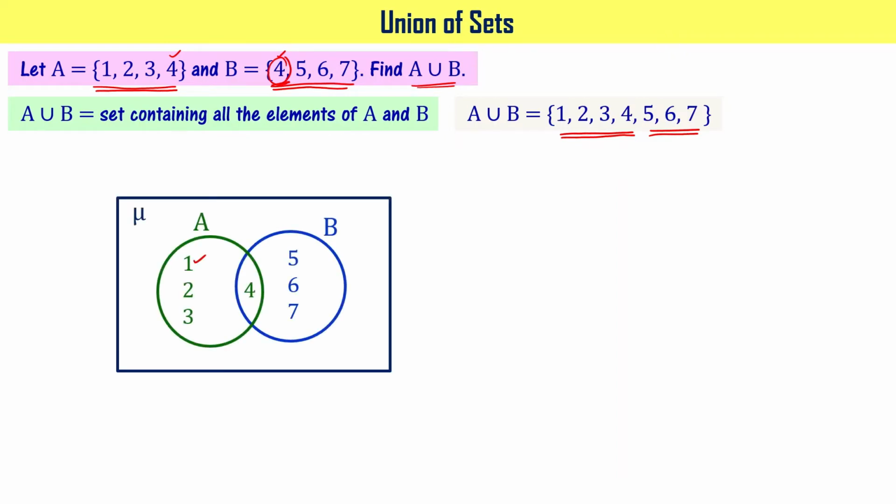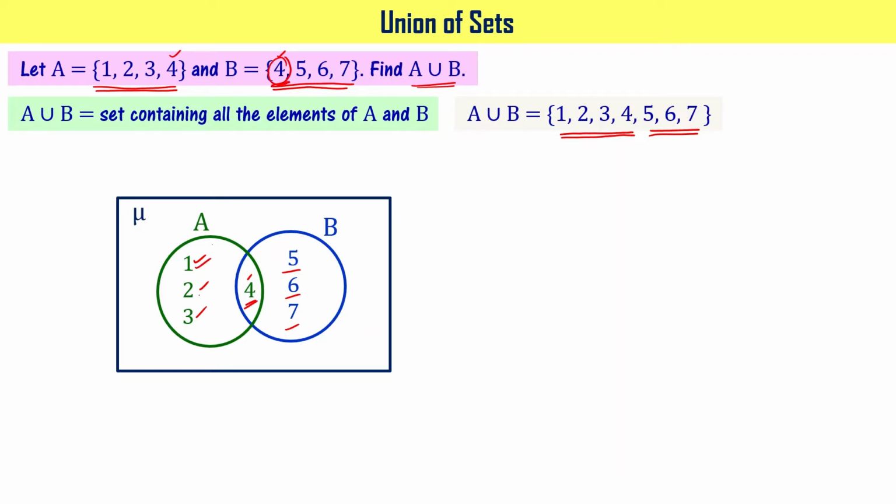Here A has elements 1, 2, 3, 4 shown using green color circle, set A, and set B is represented using blue color circle that has elements 4, 5, 6 and 7, right? So now if you read all the elements of this A and B together, then that is called A union B, right?